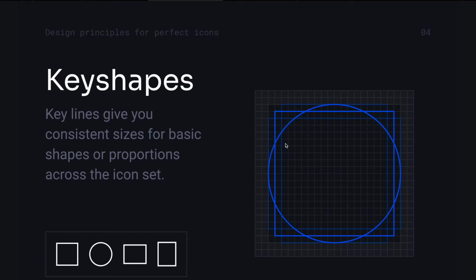But whatever you're designing, it should not cross these boundaries. So if it's a circular icon, it should reside within the circle. If it's a square icon, it should reside within the square. And if it's a vertical rectangle or a horizontal rectangle, it should reside within this key shape. So they just help us create icons in a particular shape.